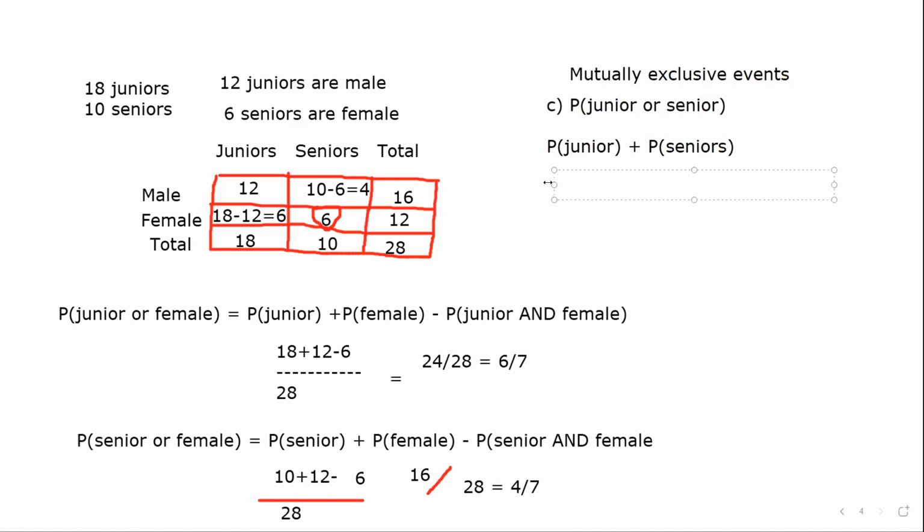So what's the probability of being a junior here? 18 out of 28. And the probability of being a senior is 10 out of 28. If you add them up, you get what? 28 over 28.